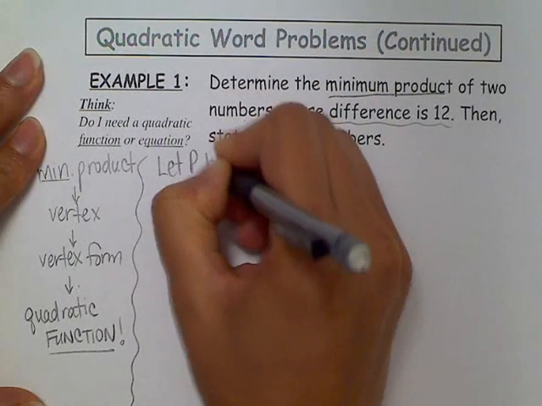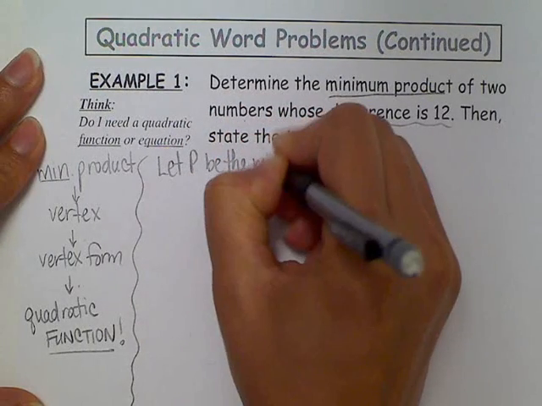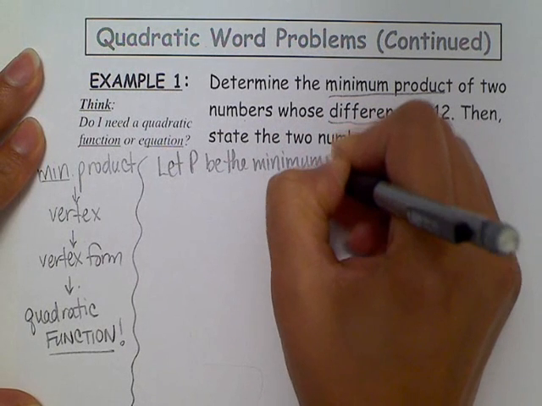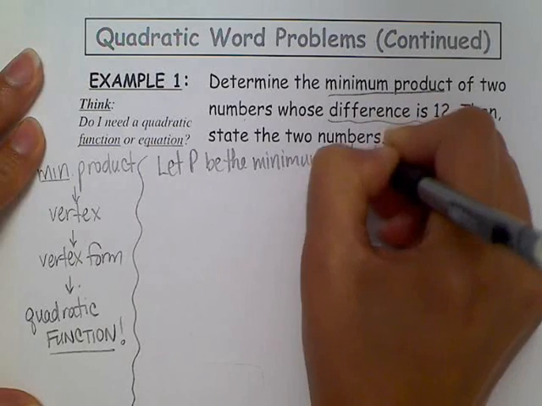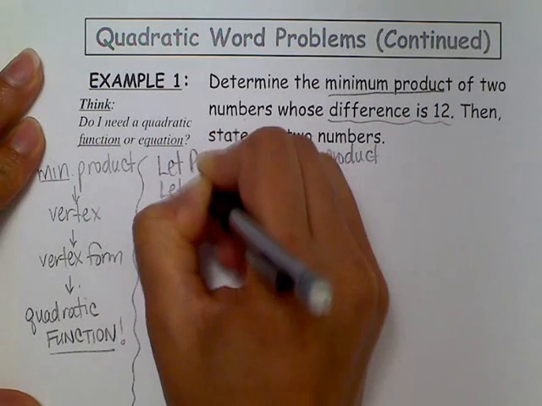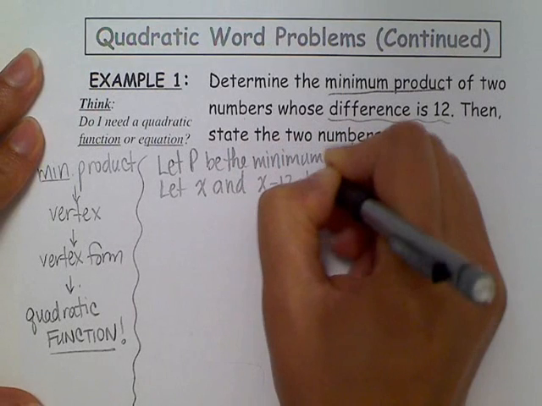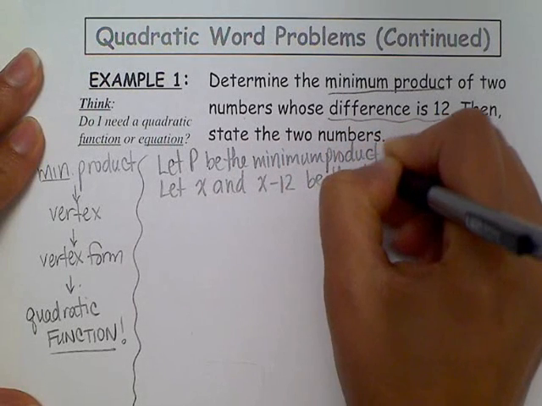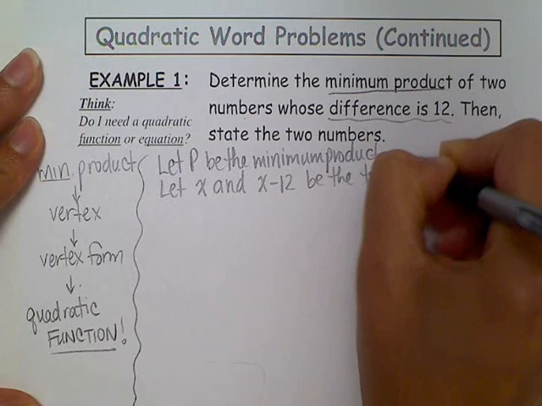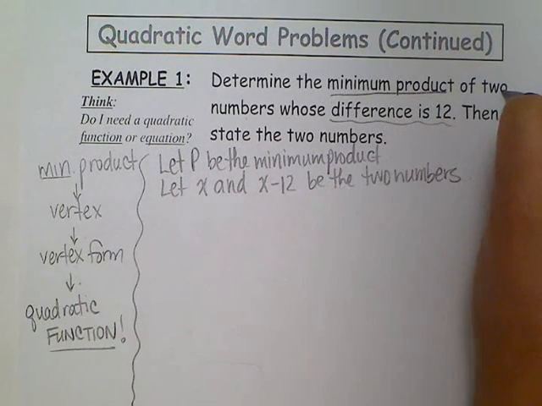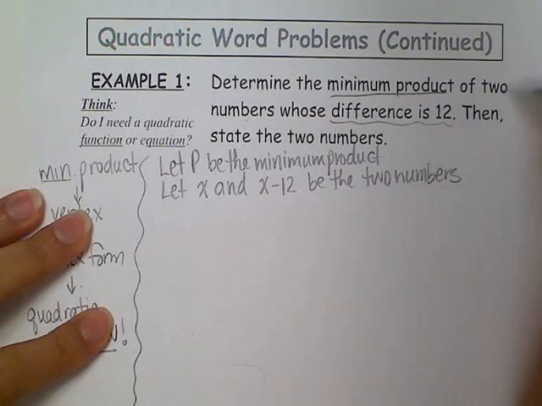So let P be the minimum product and let x and x minus 12 be the two numbers. Okay, so we're told that we have two numbers whose difference is 12.